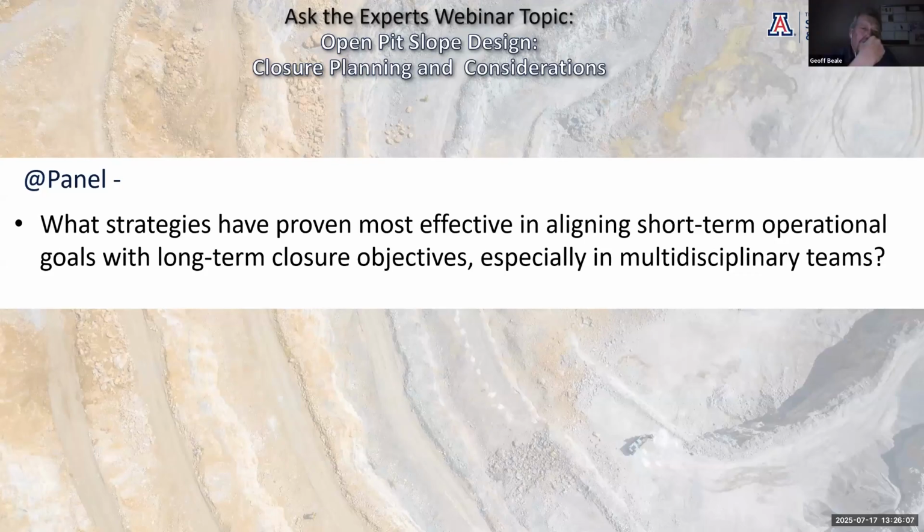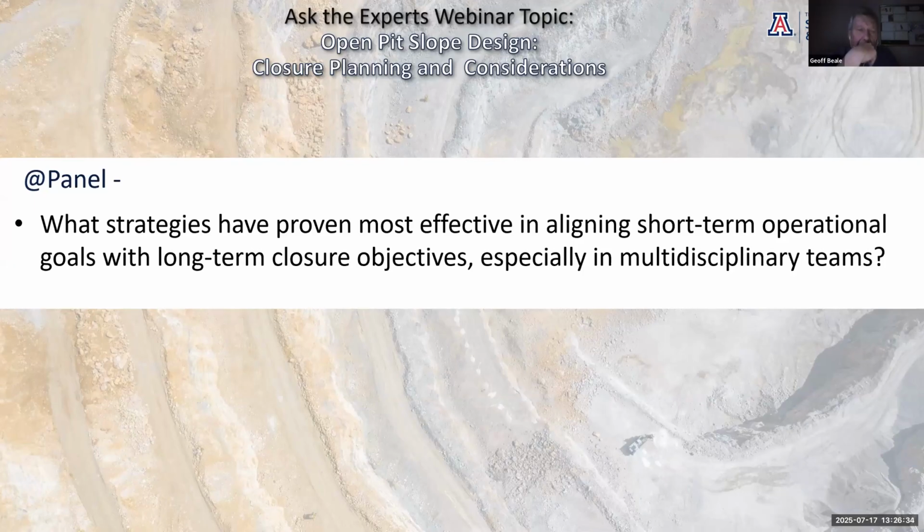Yeah, and again, one of the things we've tried to bring out in the book is closure planning and how you approach closure is very, very site specific. And so some sites you need to do rigorous closure planning and concurrent reclamation, but perhaps on other sites where closure is easy, you don't need to put so much long-term planning in it.